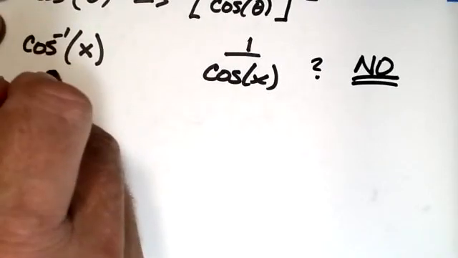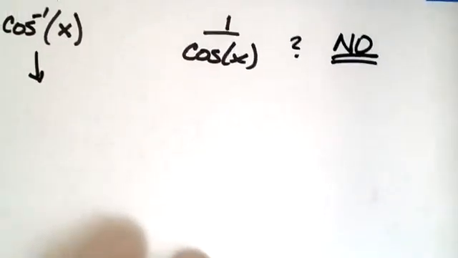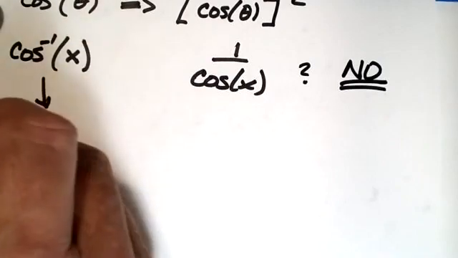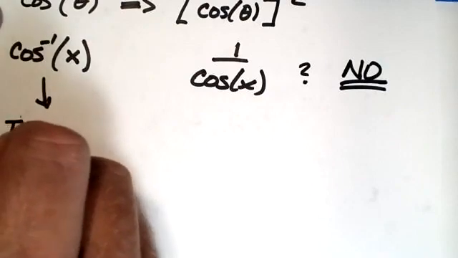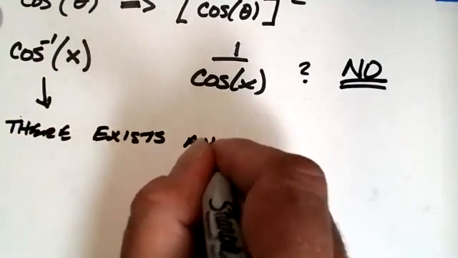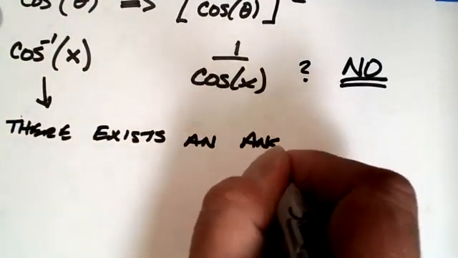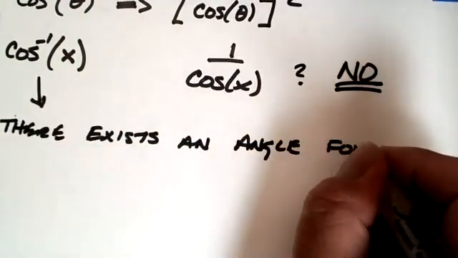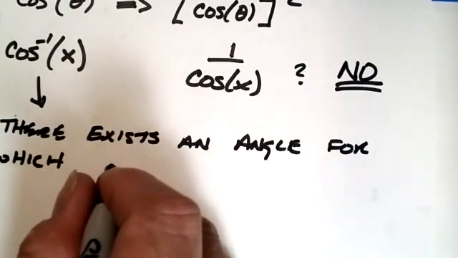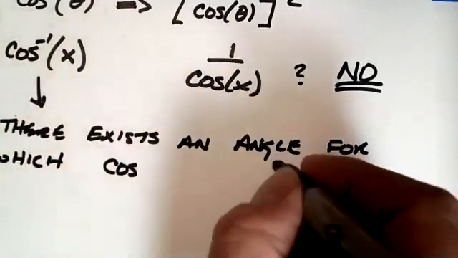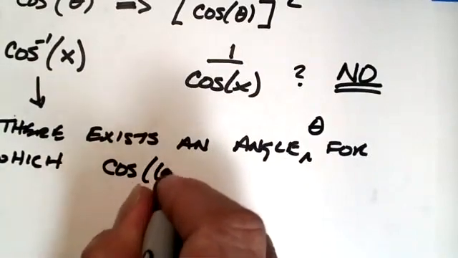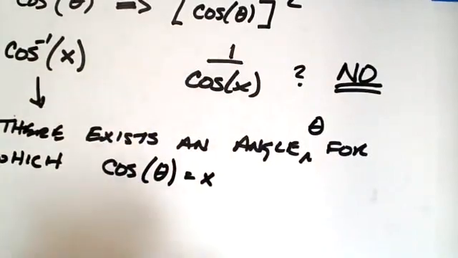Okay, what this means is that there exists an angle for which cosine of that angle, let's say there exists an angle theta for which cosine of that angle is equal to x.